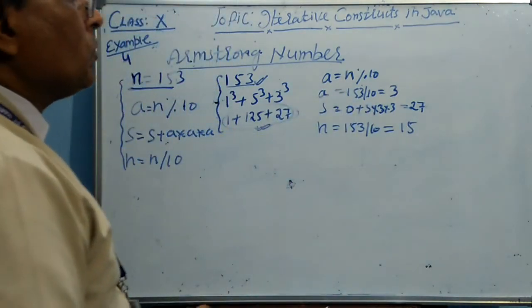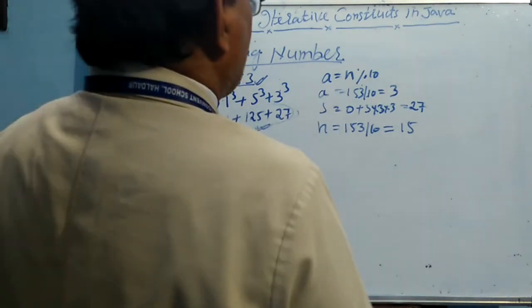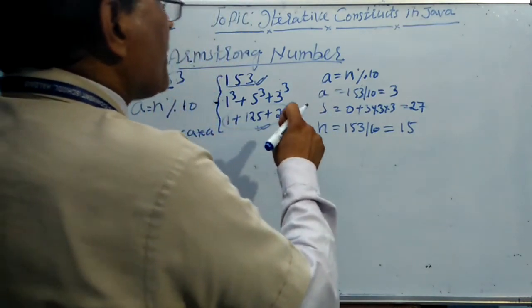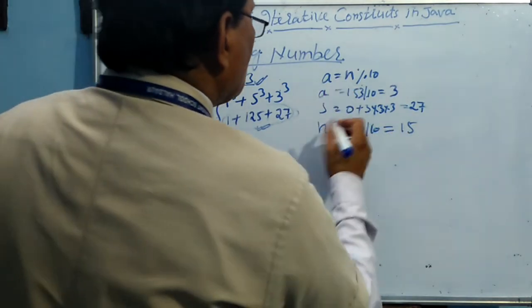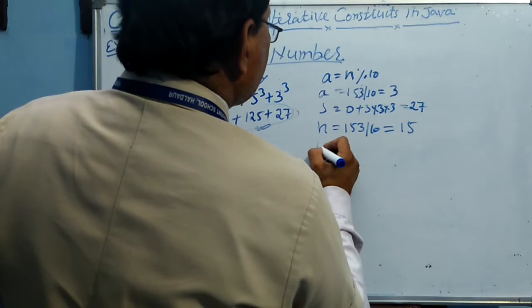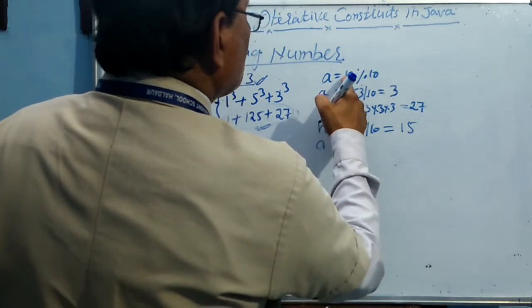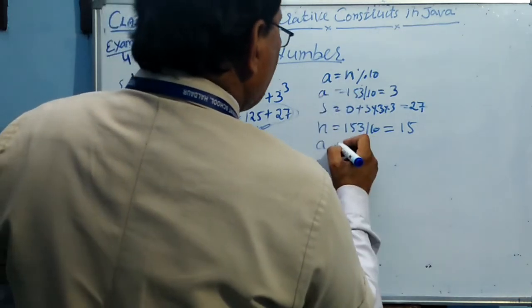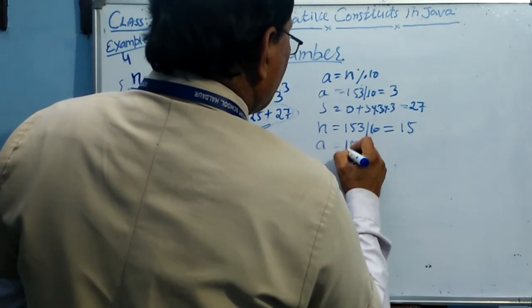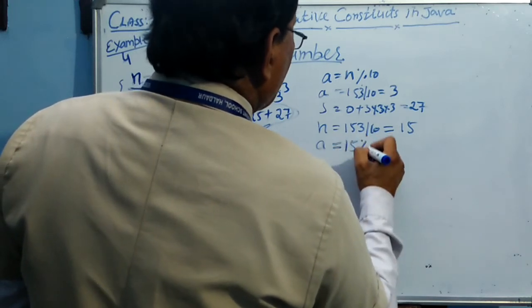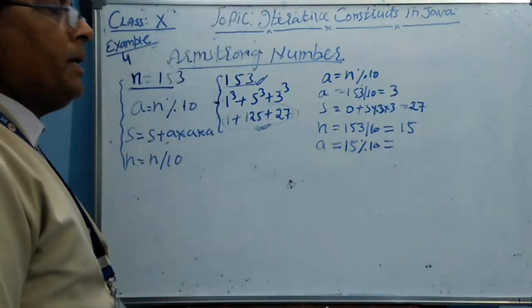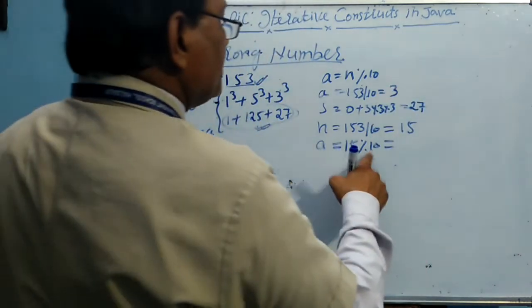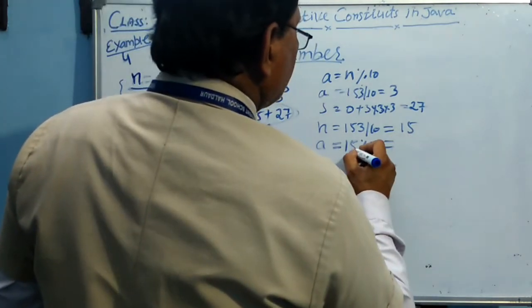Now we will take the value of n. n is 15 now. a is equal to, again we use this formula, 15 modulo by 10. Now how much is the remainder? 5.